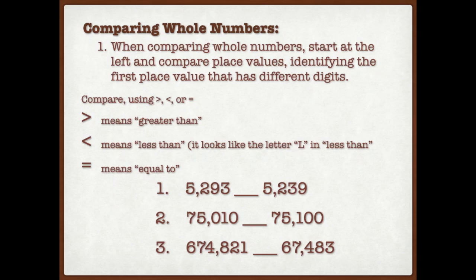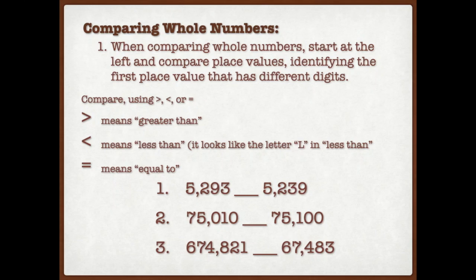So the one on the left is going to be greater than. And if we look up on top, okay, greater than is an open little alligator pointing to my left. Okay? It's pointing to the left side. It's open. That's going to be greater than.